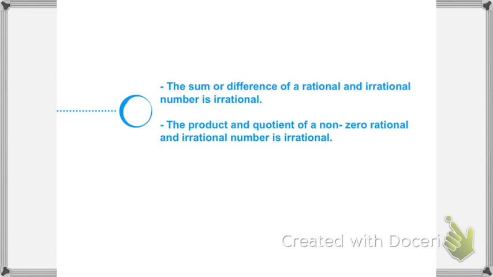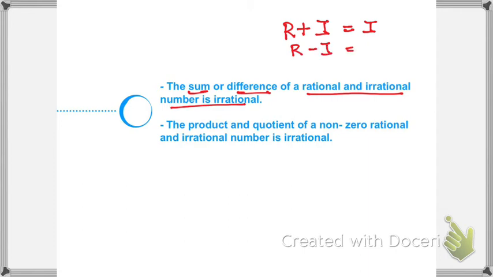So before moving to our next question, we will go through two basic points that you have already learned in class 9th, and those are the sum or difference of a rational and an irrational number is irrational. Means if you add one rational and one irrational number, you will get an irrational number as a result.